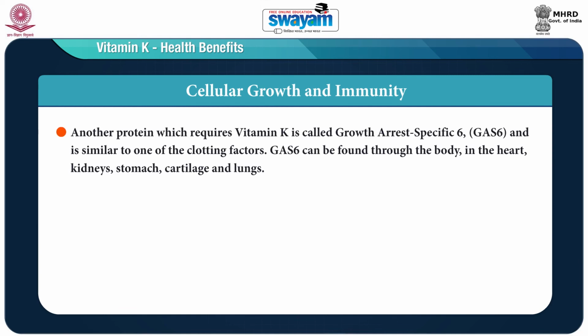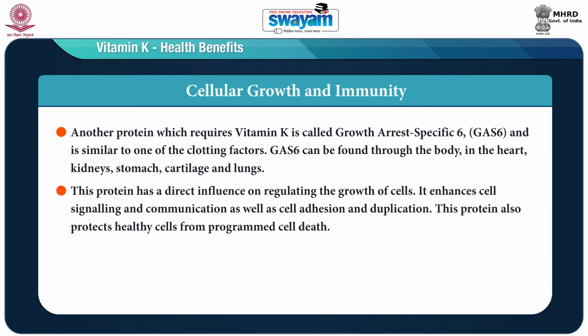Another protein which requires vitamin K is called the growth arrest specific 6, that is GAS6, and clotting factors. Now, GAS6 protein can be found throughout the body in the heart, kidneys, stomach, cartilage and lungs, and has different roles to perform. This protein has a direct influence on regulating the growth of cells.